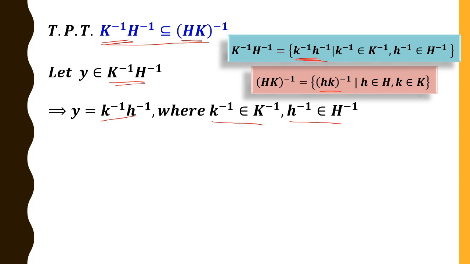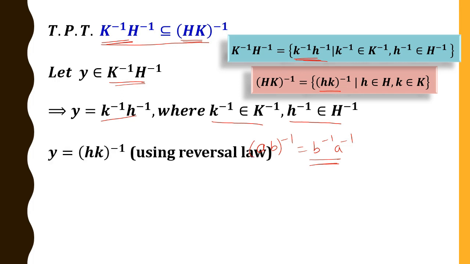Again, we shall use the reversal law. What is the reversal law? (AB)⁻¹ is equal to B⁻¹A⁻¹. If you come across B⁻¹A⁻¹, that can be written as (AB)⁻¹. Therefore, k⁻¹h⁻¹ can be written as (hk)⁻¹. Therefore, y is equal to (hk)⁻¹. We can write this using the reversal law.